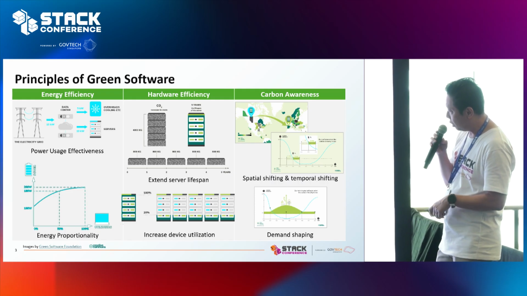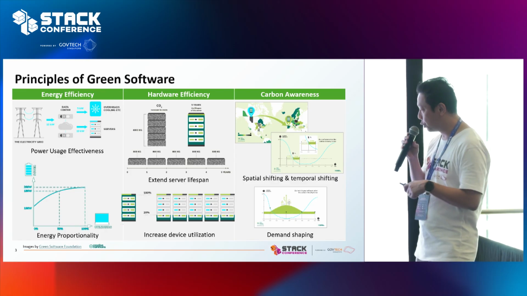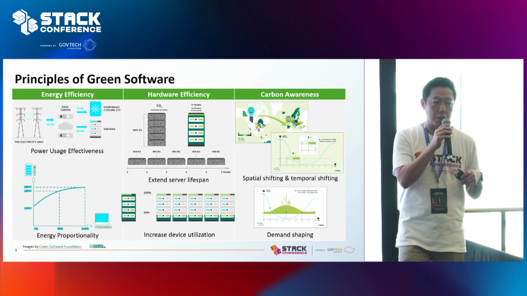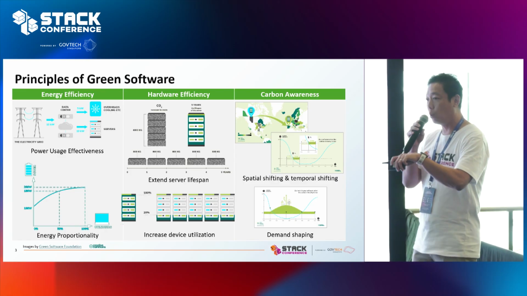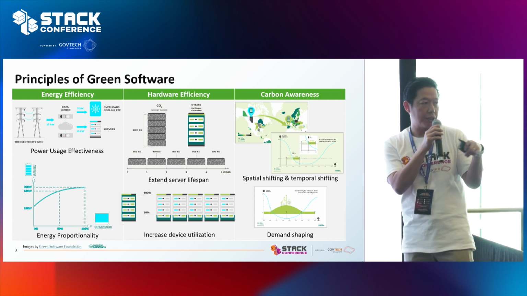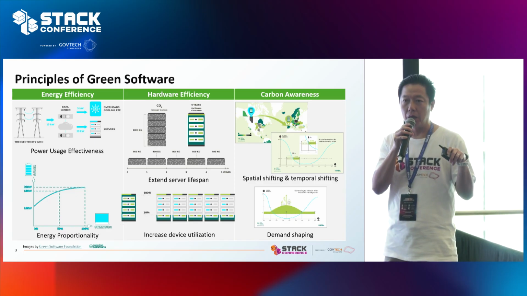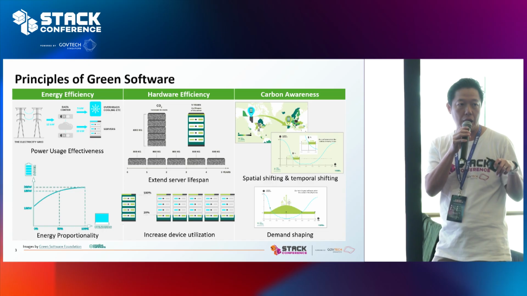It's quite advanced, and we don't see anyone doing this at scale yet. There are three dimensions. One is spatial shifting. If you can run your workload outside your country, you can look for regions or AZs that are green. So not all data centers are the same green. Some are fully powered by renewables, some are semi.